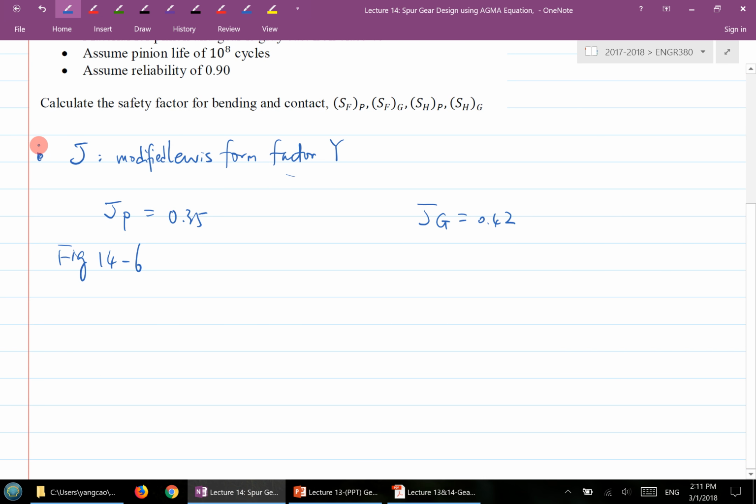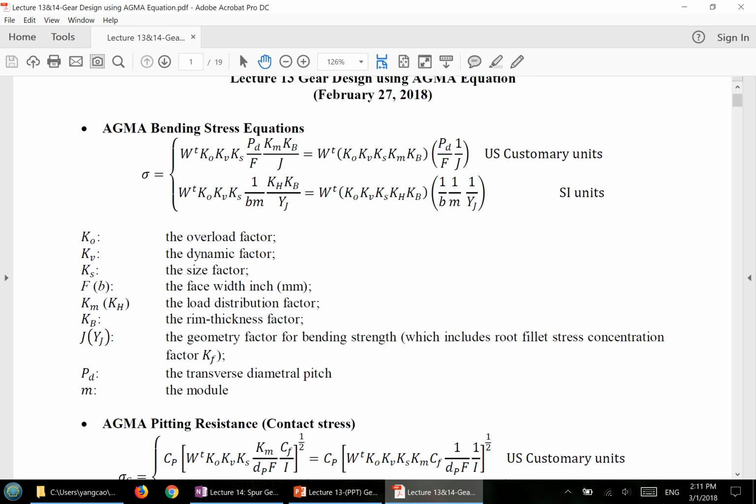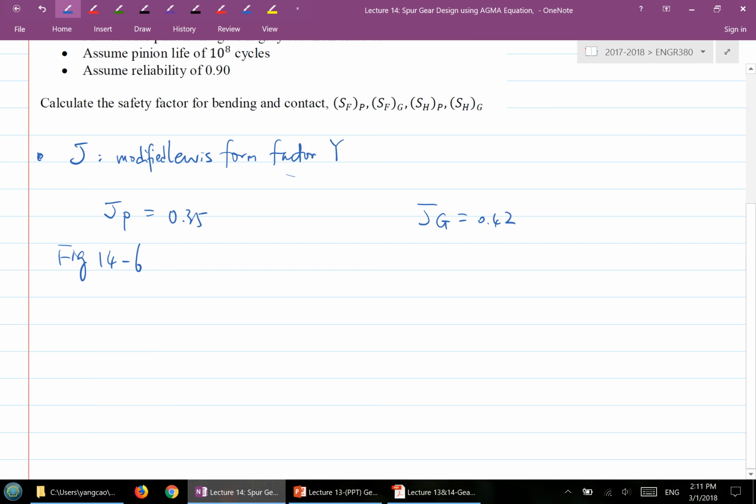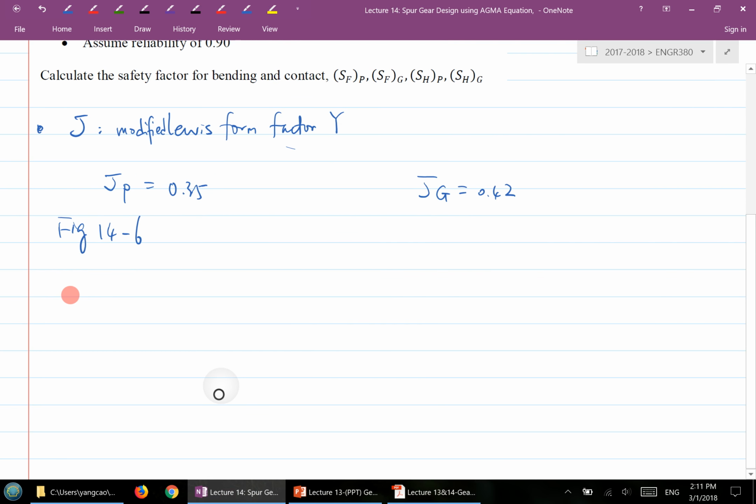Okay, so now if you look at the factors here, we're able to calculate the bending normal stress now. We already found all the factors that are here, so I can calculate the stress. So let's calculate this bending stress.